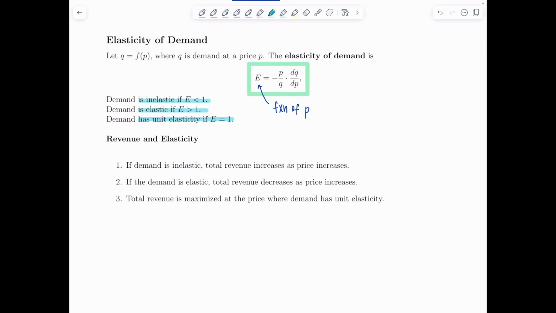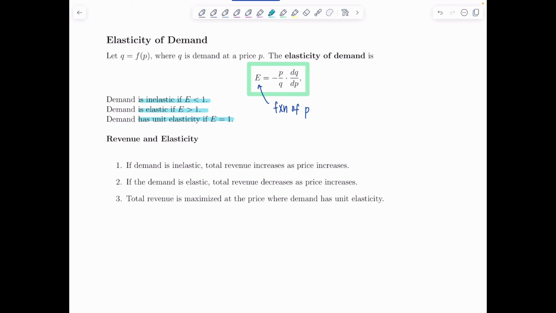Prescription drugs. If the price of a prescription drug skyrockets, but it's something that you need to stay alive, to stay healthy, you're still going to demand the same quantity. Also, things like specialty coffee drinks. If you're hooked on that matcha latte from Starbucks and they double the price, probably you're still going to keep going because there isn't an equivalent substitute. You're probably hooked on it for a reason.